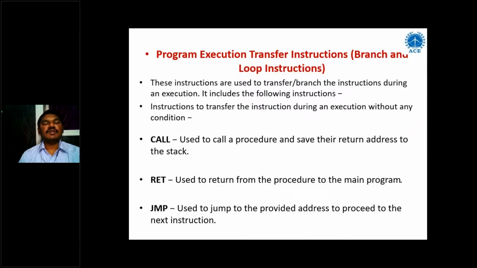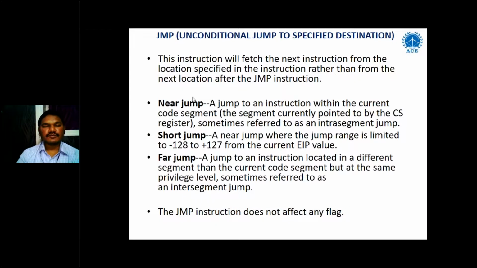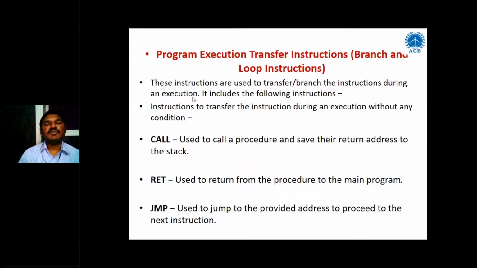Next, program execution transfer control instructions. These are also called branch and loop instructions. These instructions are used to transfer or branch the instructions during execution. There are two types, conditional branch and unconditional branch.